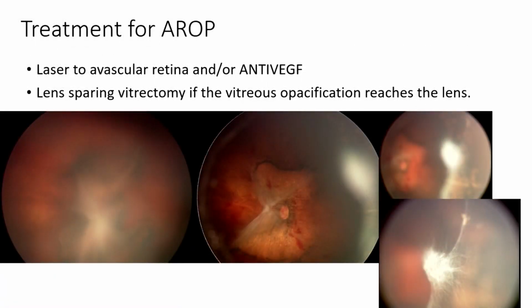So then you give anti-VEGF, do laser to the avascular retina, then you do lens sparing vitrectomy. So I was wrong. If the vitreous opacification does not reach the lens, then you do lens sparing vitrectomy. If it doesn't reach the lens, I'm talking about that. So then we got the retina back to its position. You can at least see the disc now.